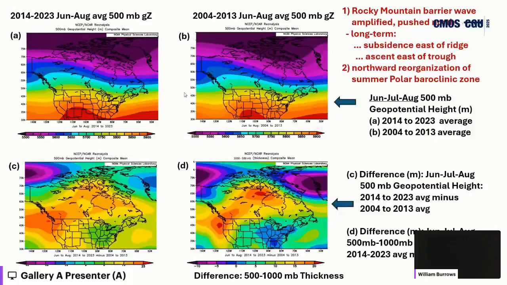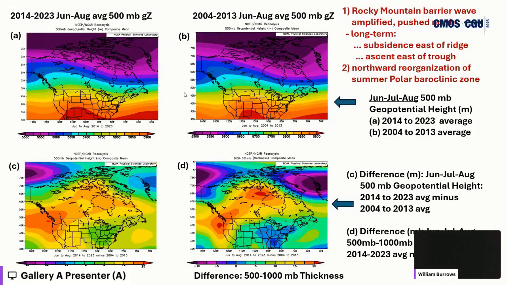Here you see the 500 millibar geopotential heights for 2004-2013 on the right and 2014 to 2023 on the left. And you see the amplification of that wave has occurred over that time.